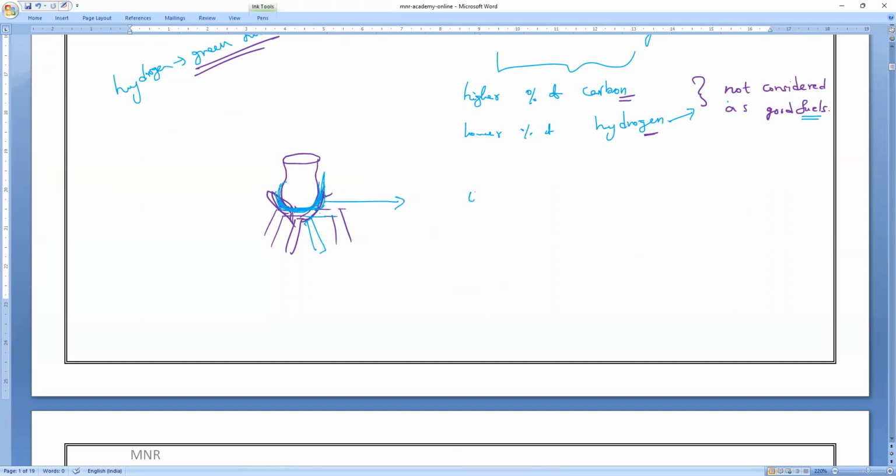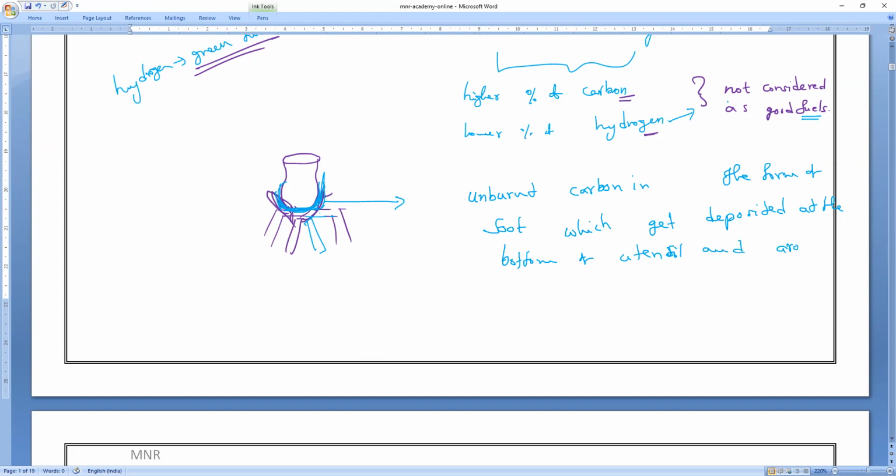Note it: unburnt carbon in the form of soot gets deposited at the bottom of the utensil and around it while cooking.